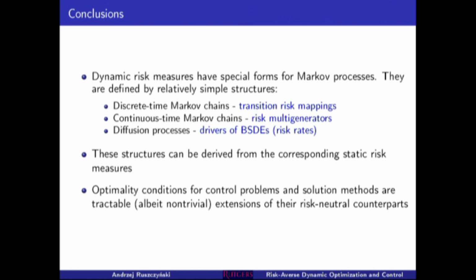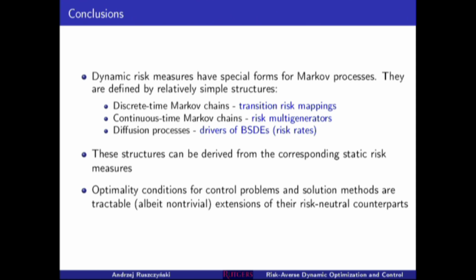In discrete time Markov chains, these are the transition risk mappings and associated multi-kernels. In continuous time Markov chains, these are the risk multi-generators that Darinka will define in detail on Thursday. And for diffusion processes, these are the drivers of backward stochastic differential equations to calculate risk, so-called, let's call them risk rates. Okay?